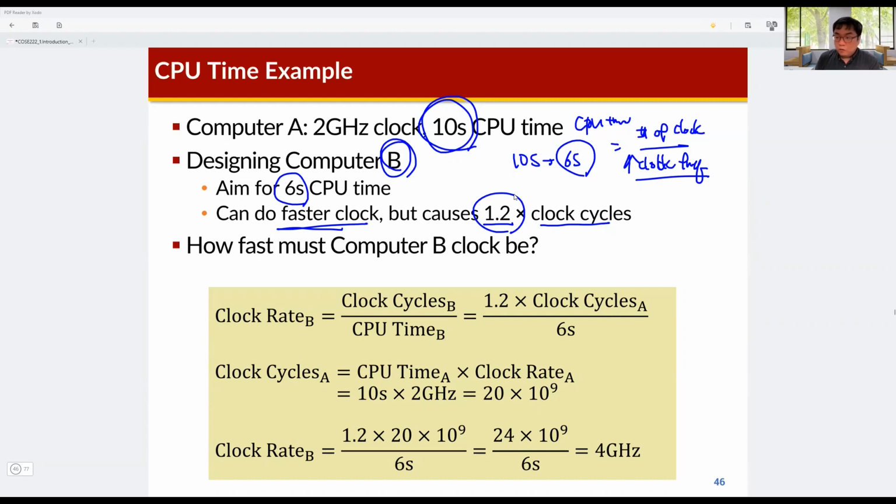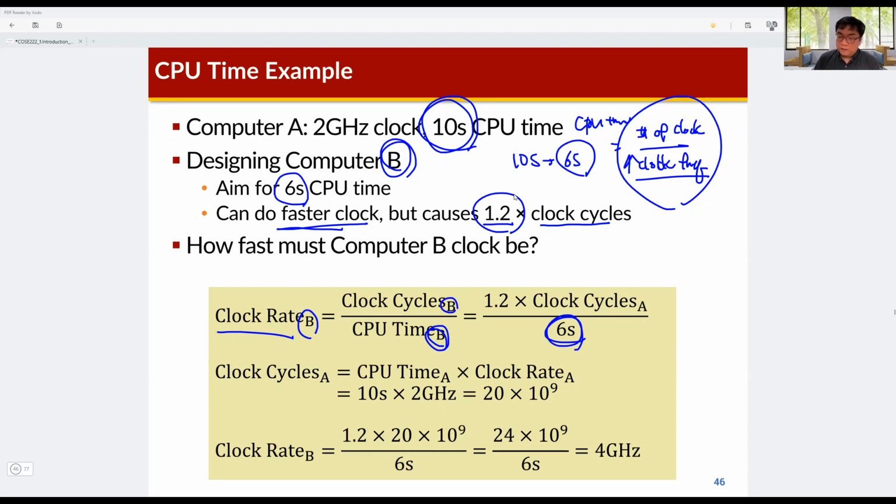So we can just use this equation. The clock rate of computer B is the clock cycles of B divided by the CPU time of B, and the CPU time of B is the goal.